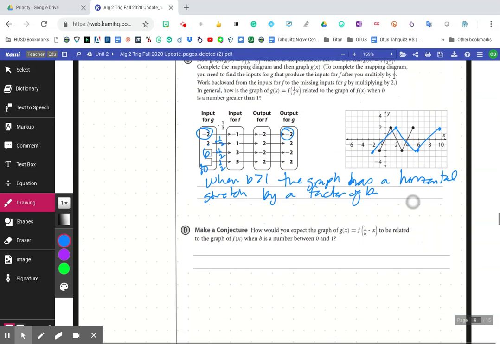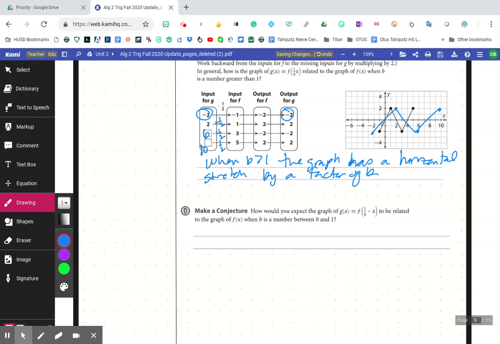Okay. So what would you expect the graph of g of x to be related to the graph of f when the number is between 0 and 1? So if it's going to stretch horizontally, that means we haven't done any compressions yet. If we were going to do that, it would probably compress. So when b is between 0 and 1, I wrote that wrong.